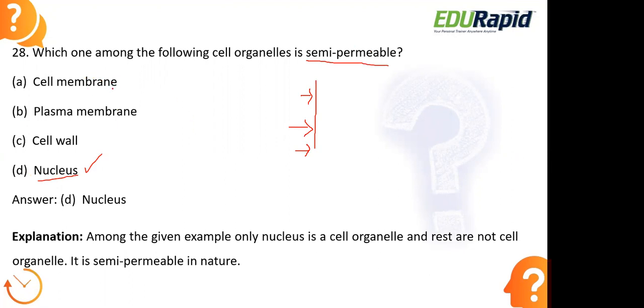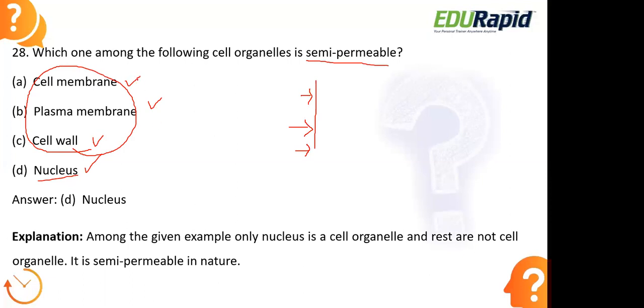But when we are looking at the rest of the options, cell membrane, plasma membrane, cell wall, all of these are semi-permeable in nature. But these are not cell organelles. An organelle is something suspended in the cytoplasm of a cell, right?